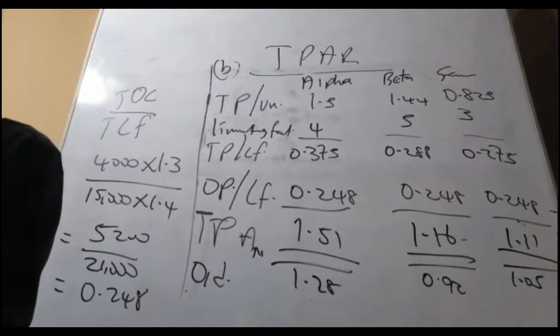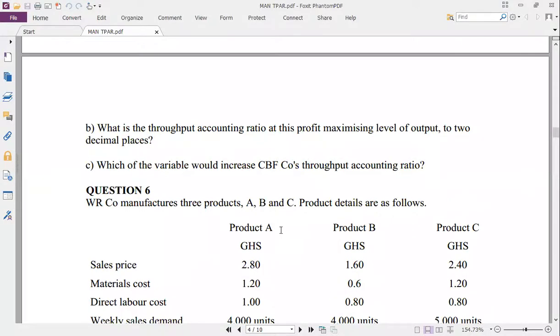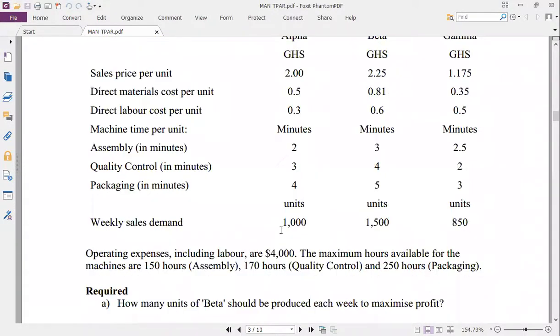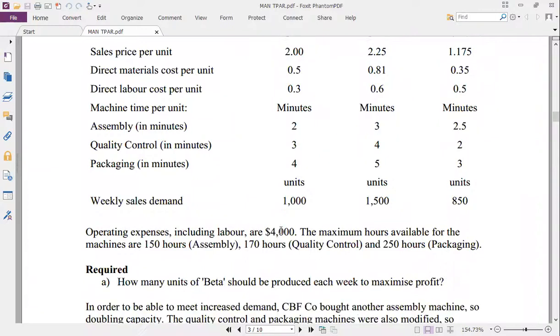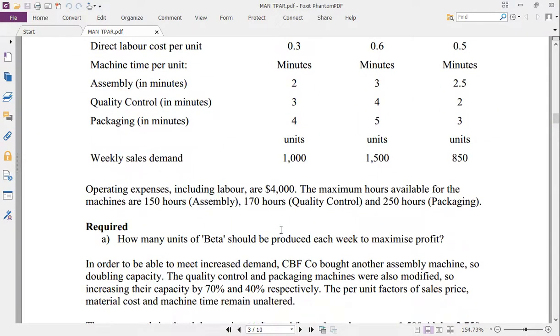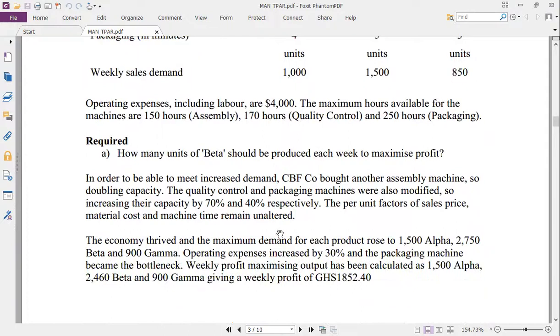But let's go through the question. They have increased the capacity by buying a new machine, doubling the capacity of the assemble machine. So the main factor is the modification of the packaging machine.